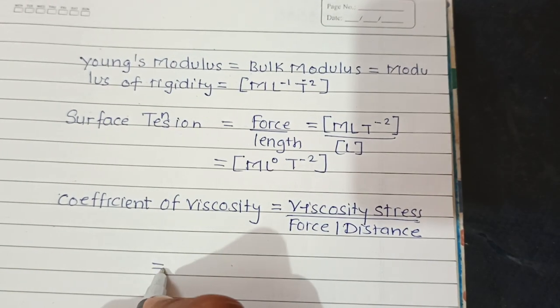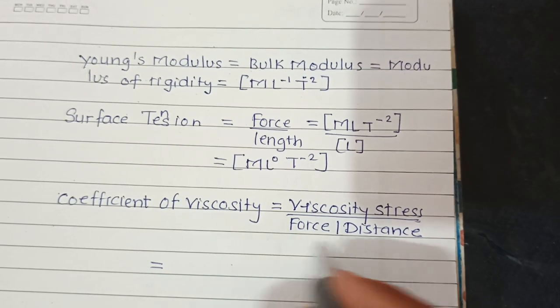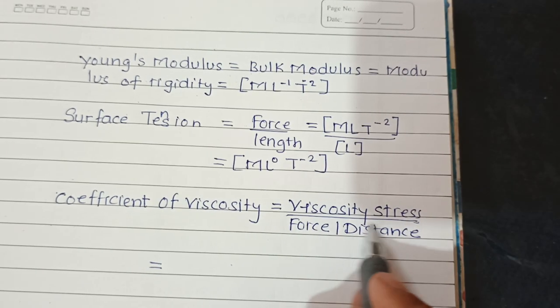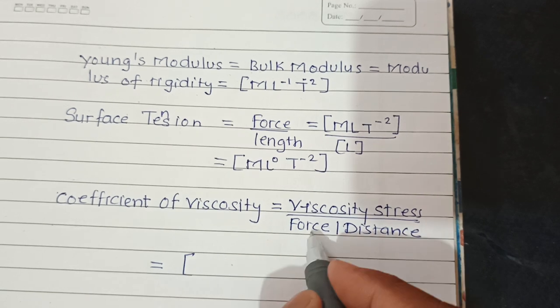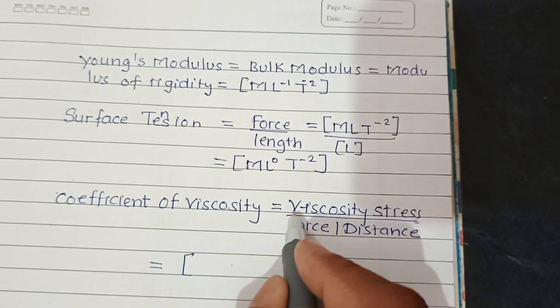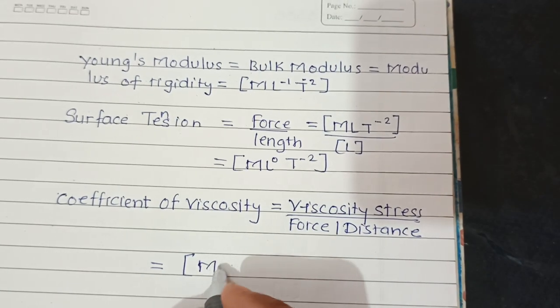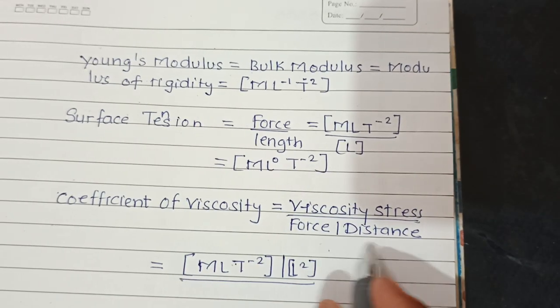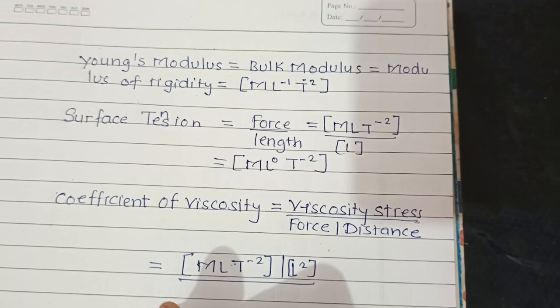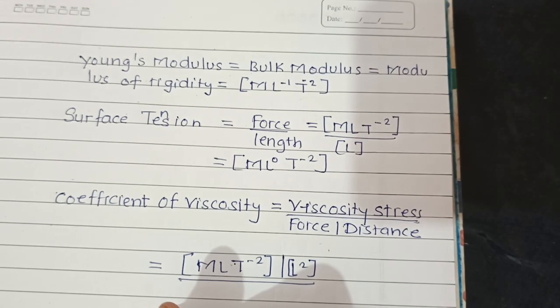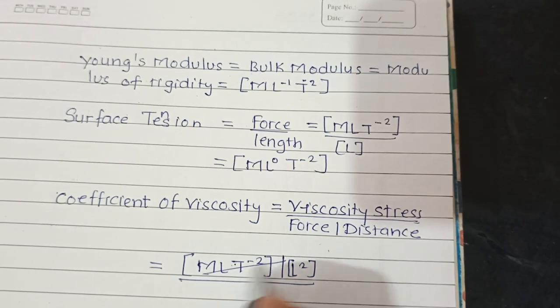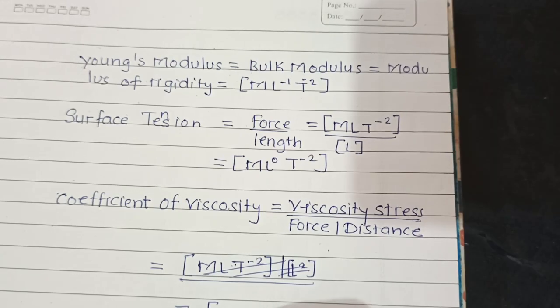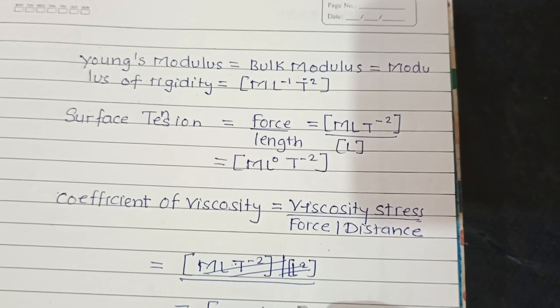So it has a dimension like this: force upon area हो जाएगा ये, it will be force upon area, so ml t minus 2 upon L square, and this is also force upon, this is a ml minus 1 t minus 1.